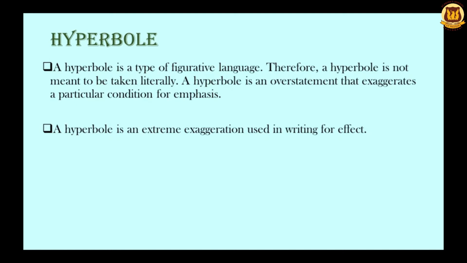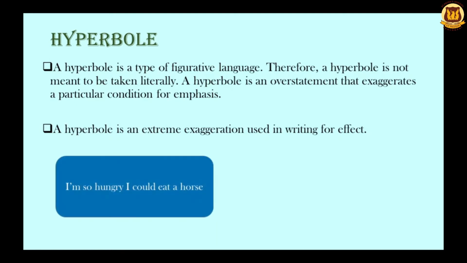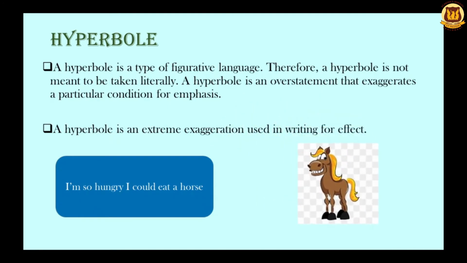Let's look at an example. "I'm so hungry I could eat a horse." In this statement, the example exaggerates the condition of hunger to emphasize that the subject of the sentence is in fact very hungry. This person has no intention of literally eating a horse, but is trying to figuratively communicate his hunger through hyperbole for effect.